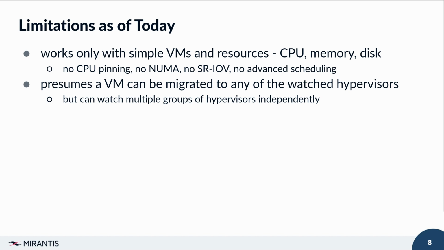While in the OpenStack world, and in any other virtualization platform, you would probably find advanced features like CPU pinning, NUMA nodes, SR-IOV resources. Those also need to be handled properly while making decisions to migrate instances. As of the current implementation, DRB just ignores that, if there is such a VM.